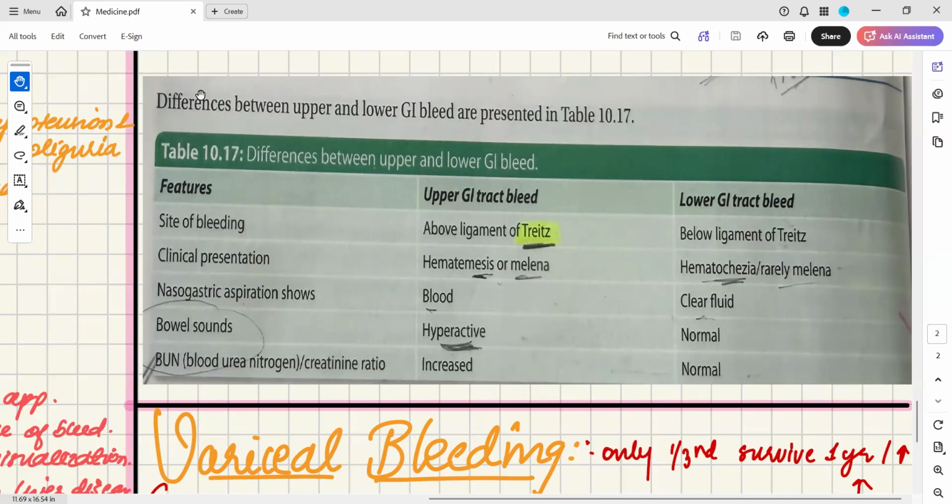If we do a gastric lavage in this patient, the nasogastric aspiration shows blood. In the lower GI tract bleed, it shows clear fluid. Bowel sounds are hyperactive in upper GI bleed, but they are normal in lower GI bleed. And blood urea nitrogen creatinine ratio is increased in upper GI bleed, but it is relatively normal in lower GI tract bleed.